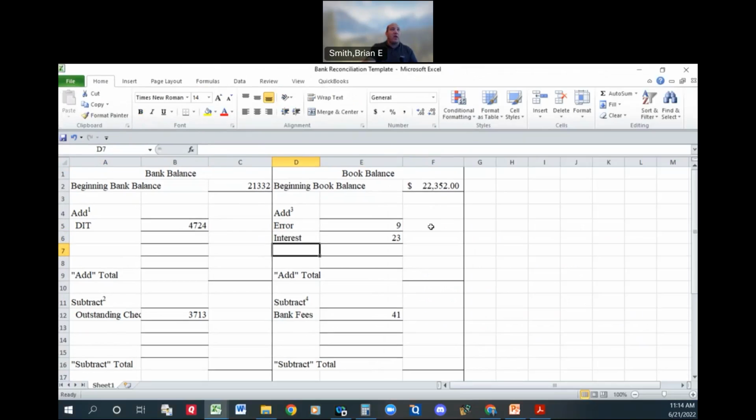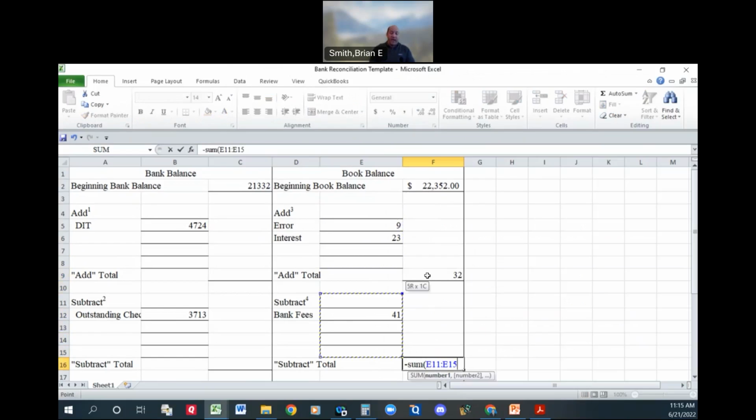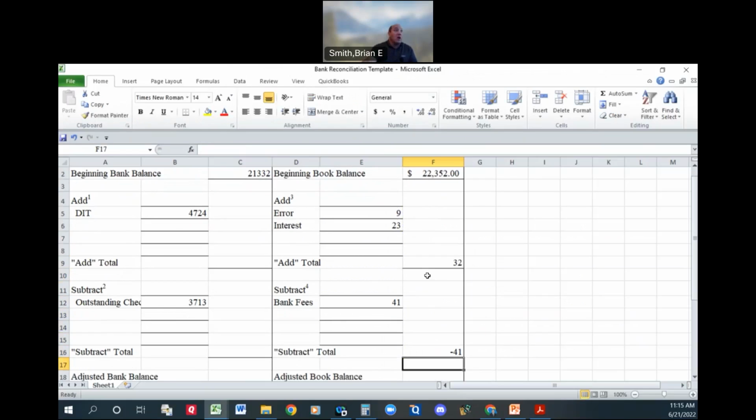Let's make this big again. Let's go ahead and add these together. And then let's go ahead and add these together. But we're going to put a minus sign there because these are subtractions. We're going to do the same thing on this side.